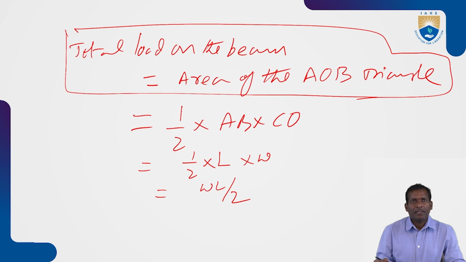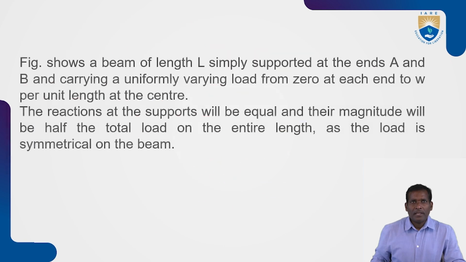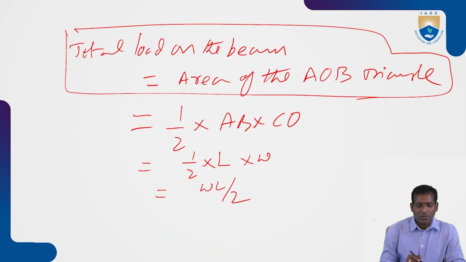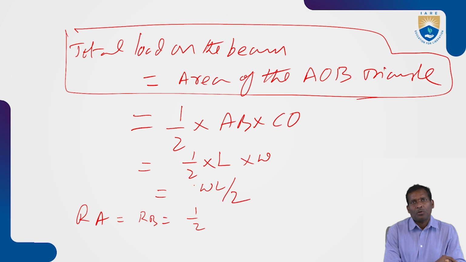Now calculate RA and RB. RA is equal to RB, which is equal to half of the total load.